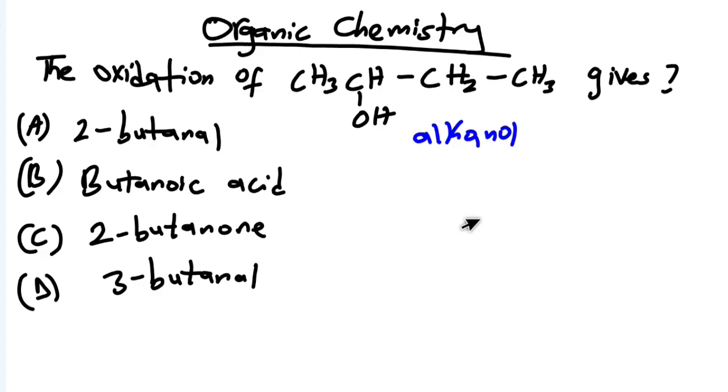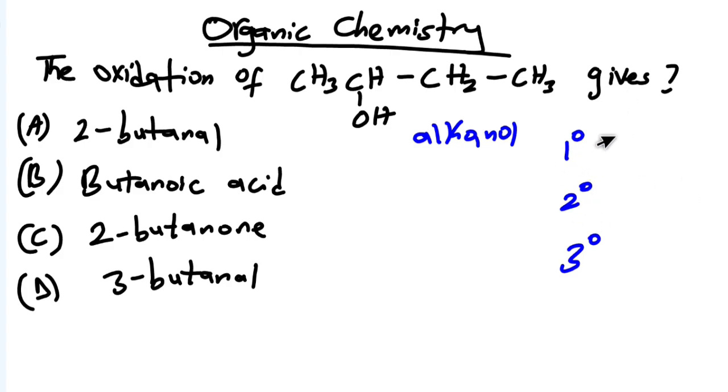For those people that don't know the difference between primary, secondary and tertiary alcohol, we represent primary as 1 degree, secondary as 2 degree, and tertiary as 3 degree. So in case you don't want to keep writing primary or tertiary, you can just write 1 degree alcohol.